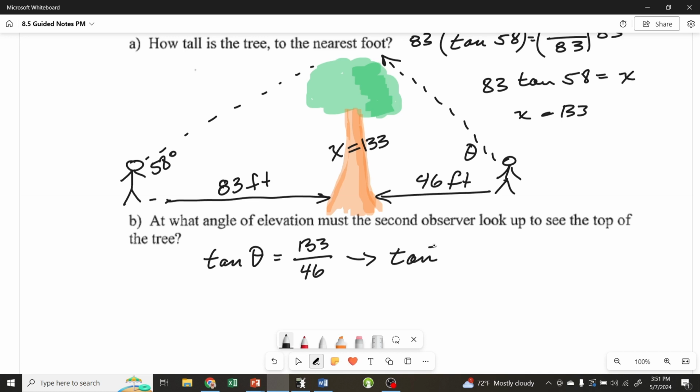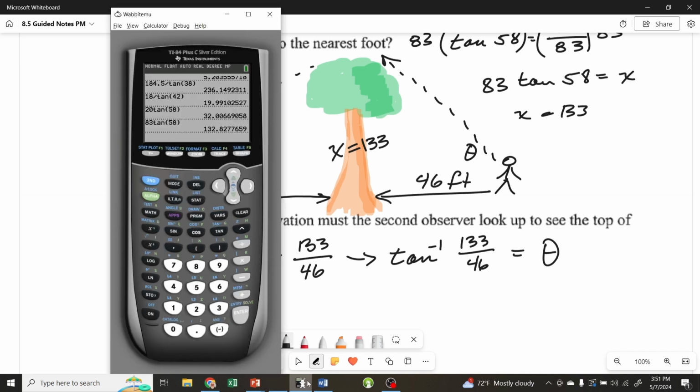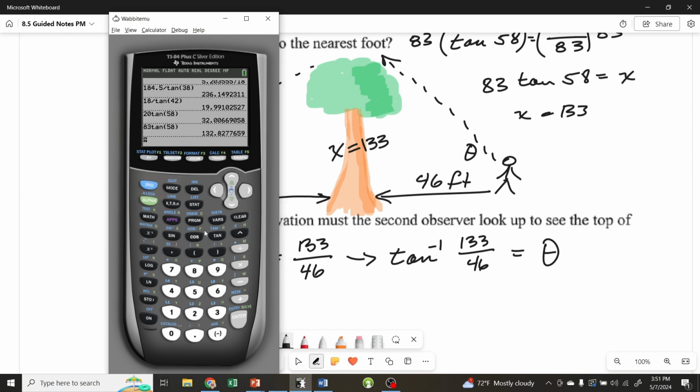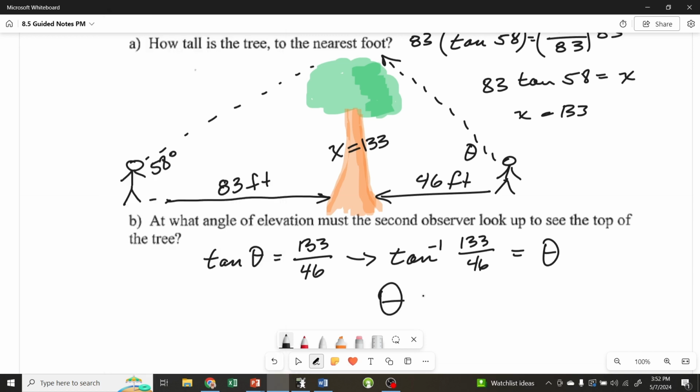So we put the inverse tangent negative 1 of 133 over 46 is equal to theta. So we're going to use our calculator here, and we're going to plug that in. Second tangent, right, gives us the inverse, 133 divided by 46 equals theta. That comes out to 70.921. So theta is equal to 71 degrees.